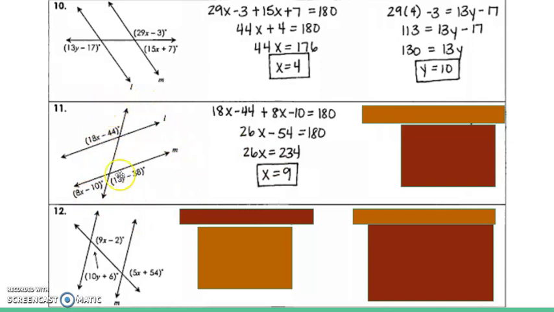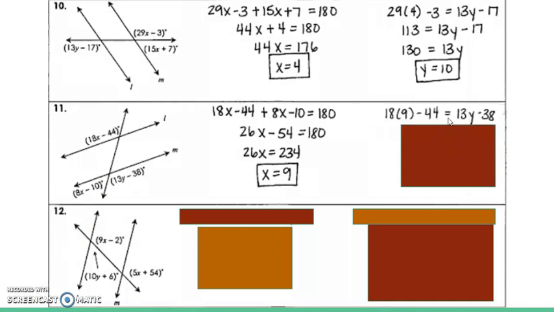I have two different options for this next part. We could either use the 8x minus 10 and 13y minus 38 are supplementary angles, or we could use the fact that 18x minus 44 and 13y minus 38 are alternate exterior angles.